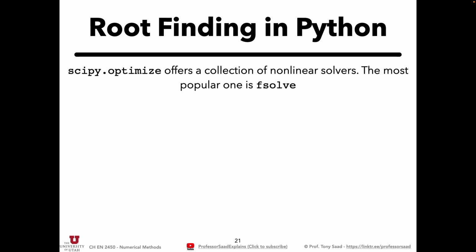If you come from a MATLAB background, that's also what it's called in MATLAB. The way you grab fsolve is simply say from scipy.optimize import fsolve. Rather than importing everything from SciPy and overloading your memory, just import the module that you're interested in. All right?